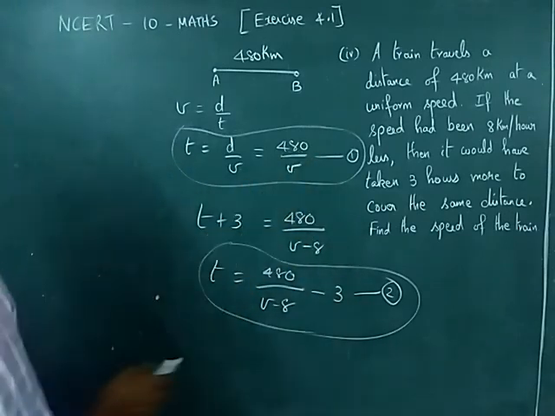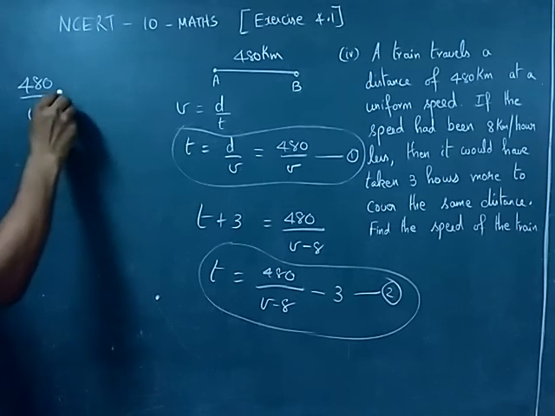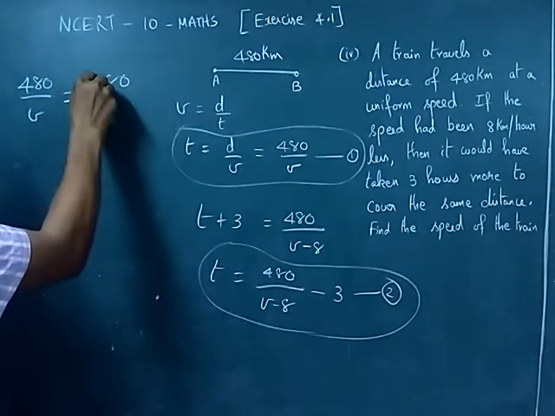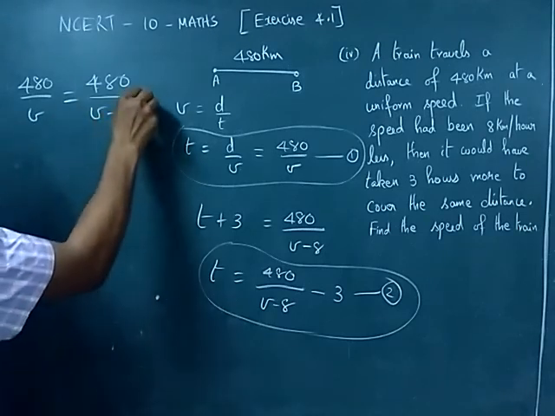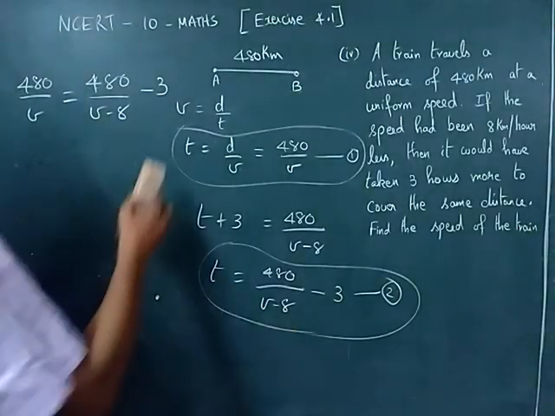Therefore, 480 by V should be equal to 480 divided by V minus 8 minus 3. So this is the equation.